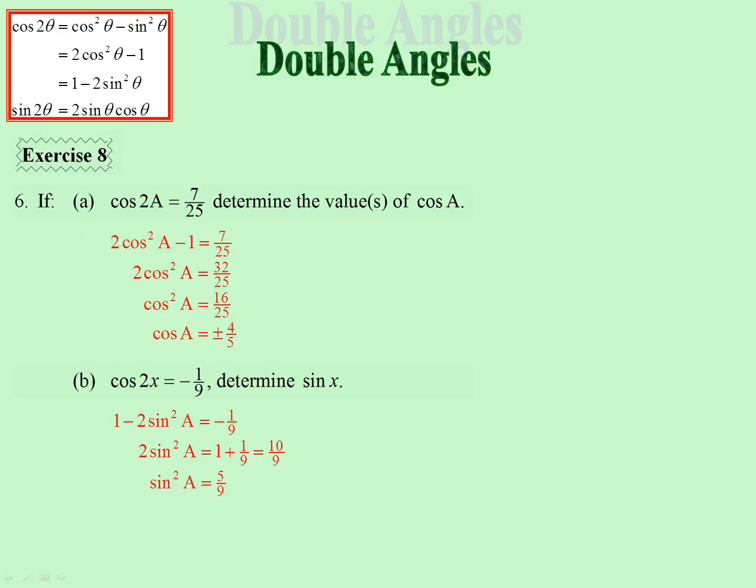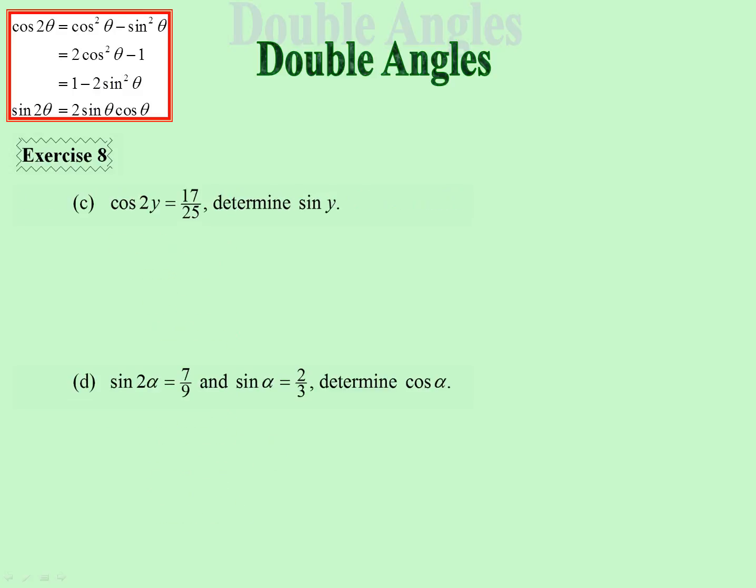Divide by 2, 5 over 9, plus or minus square root to find sine of A. Next, cos 2y is 17 over 25, find sine of y. Same thing again: 1 minus 2 sine squared. Solve for sine squared. Square root both sides with a plus or minus. There we are.